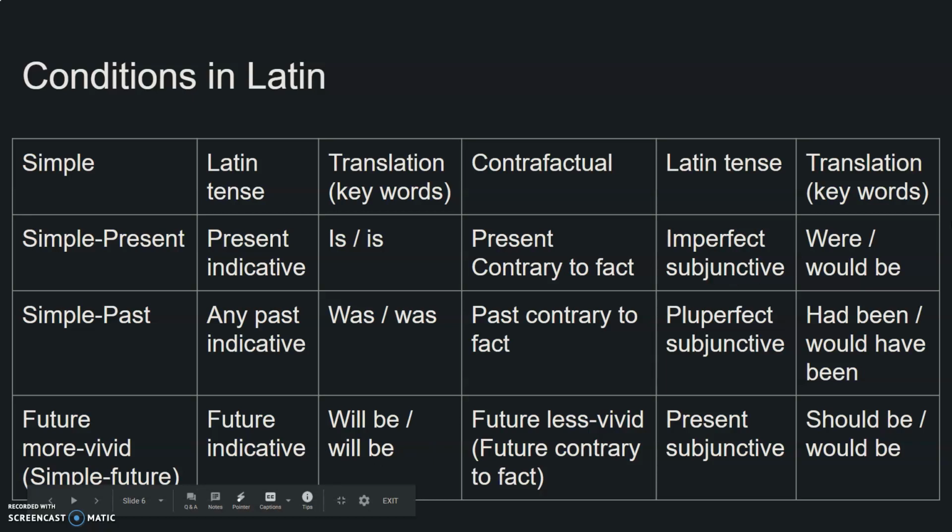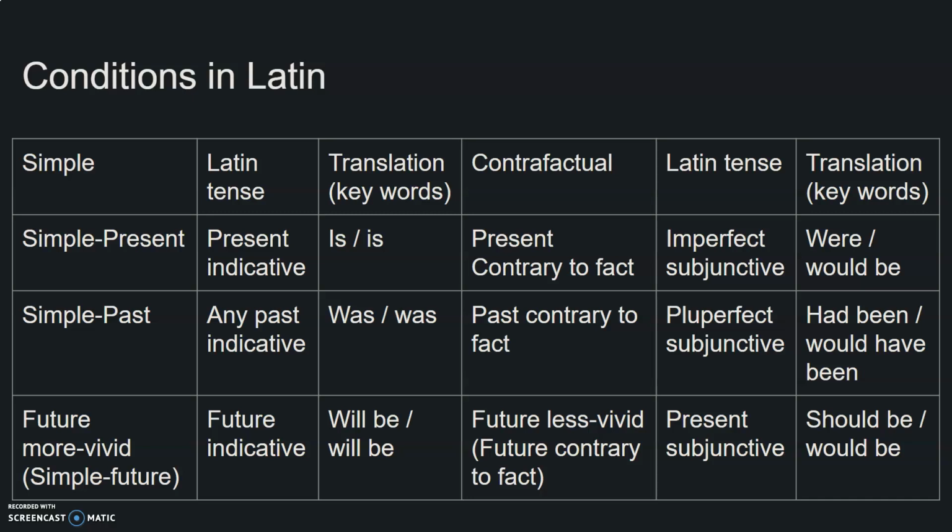Alright, contrafactual ones. Once again, contrafactual is going to always be marked by would. One thing we have to pay attention to in Latin is there is no future subjunctive. So I like talking about this by starting with the future because we have to think of what Latin tense is closest in time to the future.